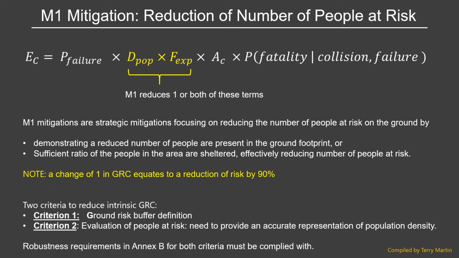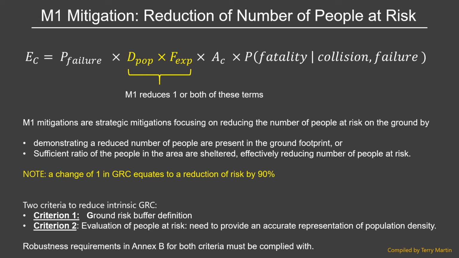Let's take a look at M1, which is probably the most scrutinised mitigation amongst the three. So I'll emphasise a few things and unstitch some elements as well. Basically, M1's all about reducing the number of people at risk. So first, as an alternate, you can establish a ground risk buffer to ensure that in the event of failure, you're unlikely to crash outside your operational volume, where there may be more people.